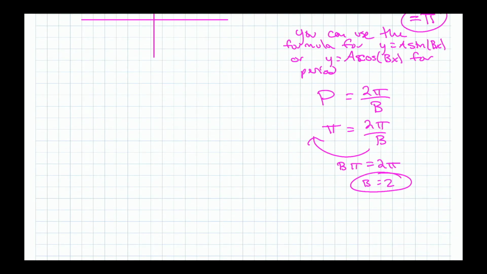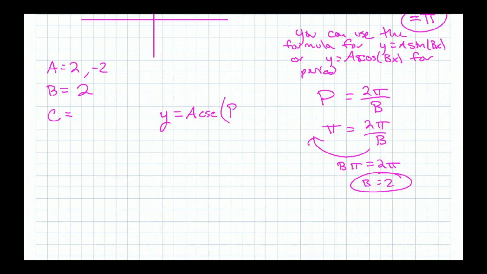So now we know that a is either 2 or negative 2. We don't know. B is 2. In order to get the c, we can do the phase shift, but they kind of cheat at it, right? What they're doing, you'll notice this in the examples, is they write it this way. Secant or cosecant, I guess we're doing cosecant here.